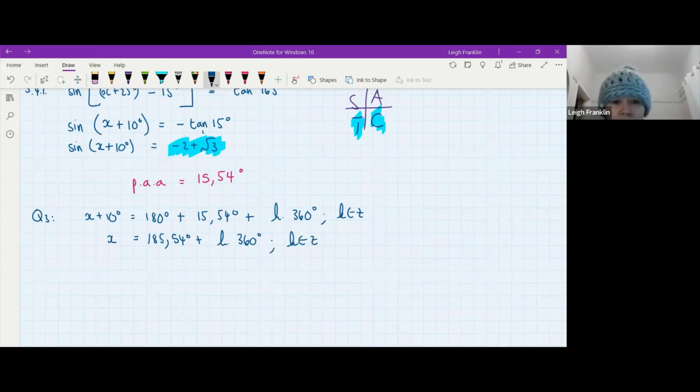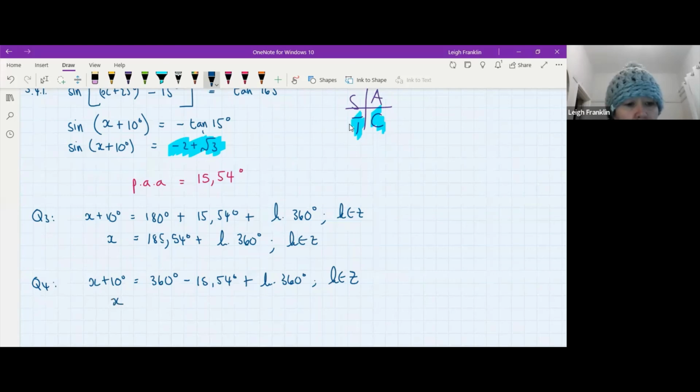That is our one general solution. Our other one in quadrant 4, we have x plus 10 equals 360 minus 15,54, and now I'm getting 334,46.